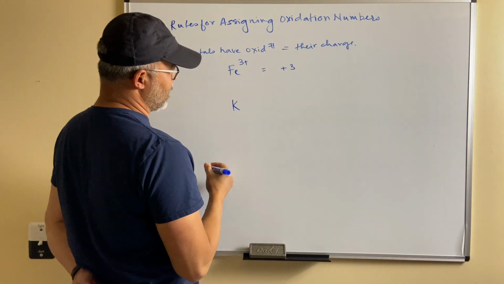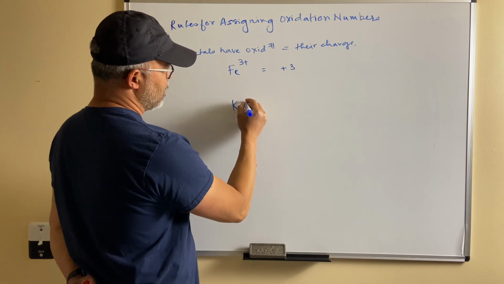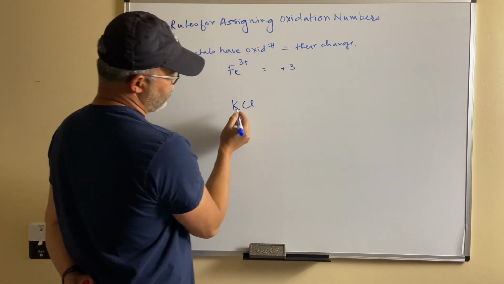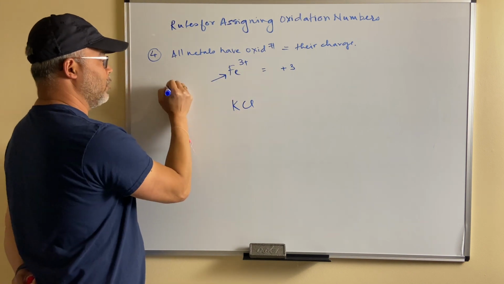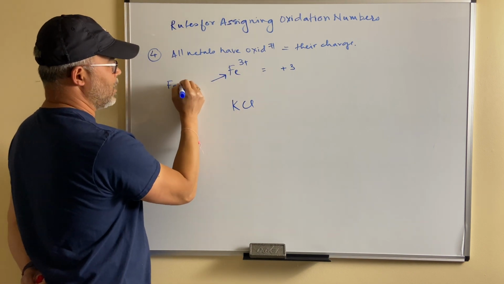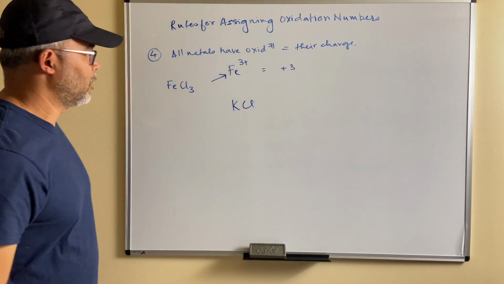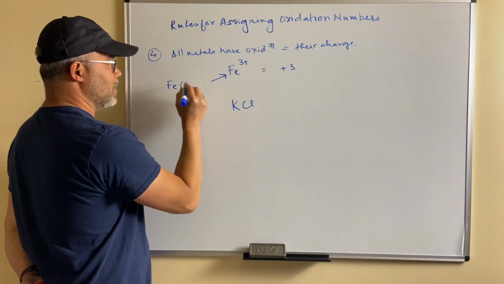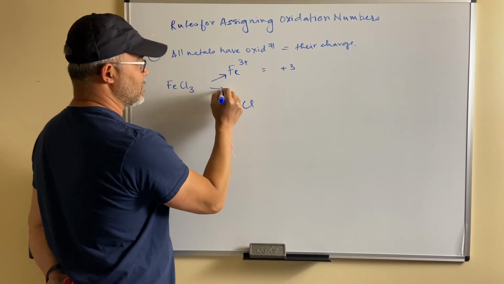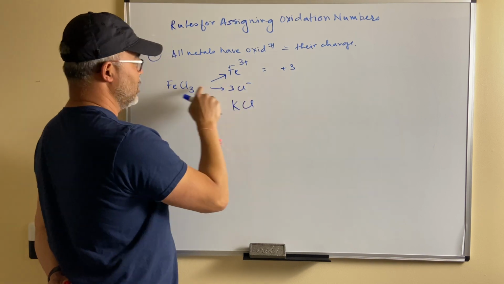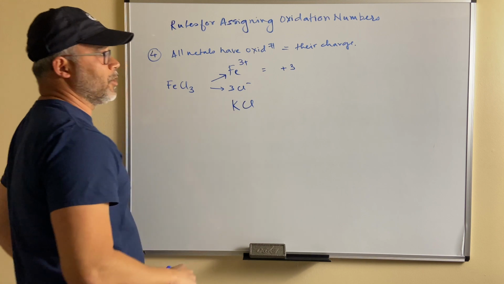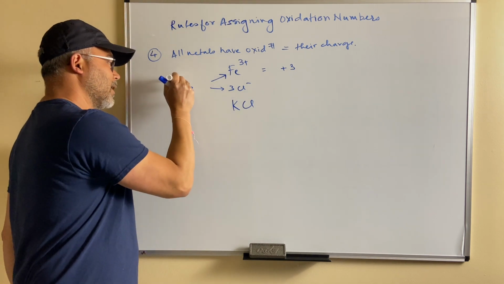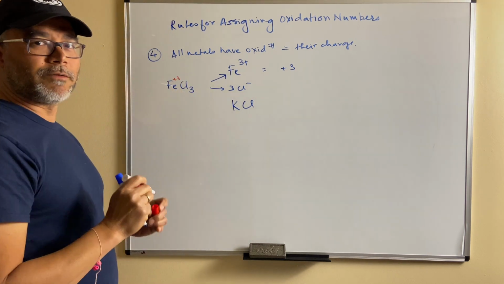Likewise, if I have something like potassium chloride, and by the way, this Fe3+, I just wrote the ion, it really could exist in a compound like FeCl3. If you split this into ions, it would be Fe3+ and 3Cl-. So that's the metal. What's the oxidation number? +3. So you would write that oxidation number like this, +3, right above the Fe.